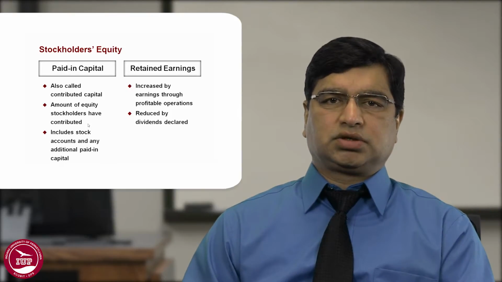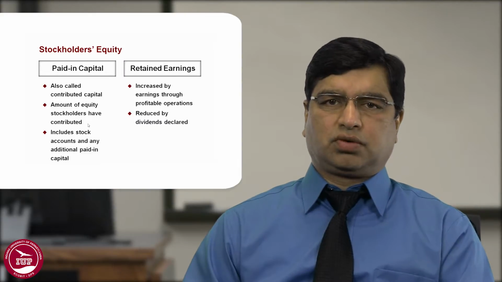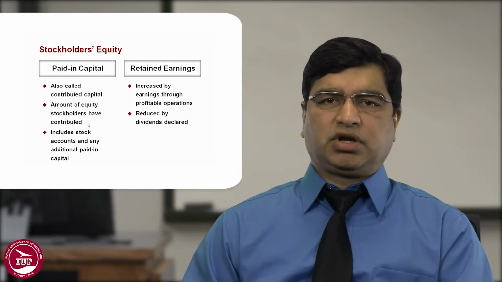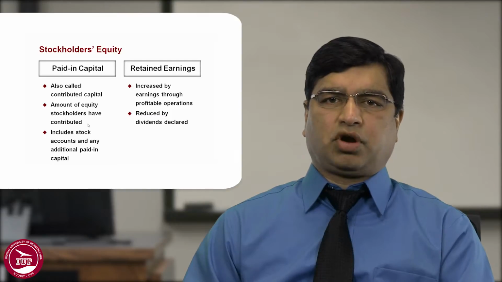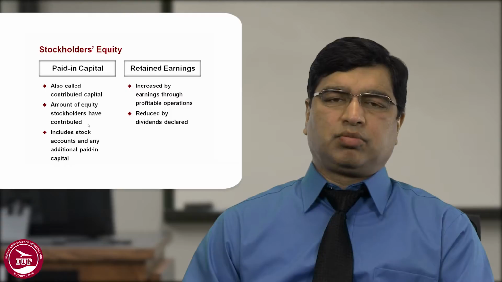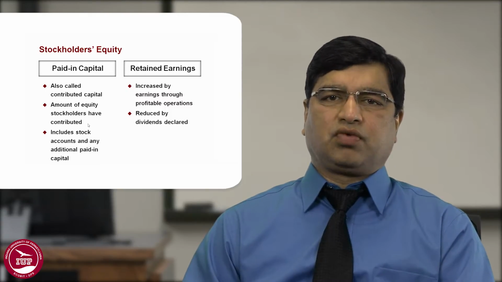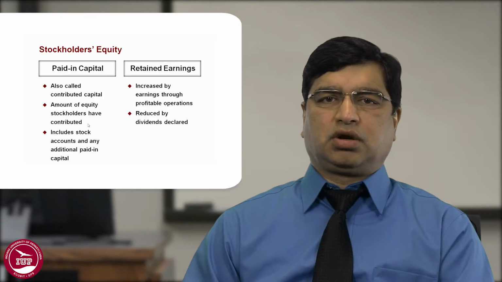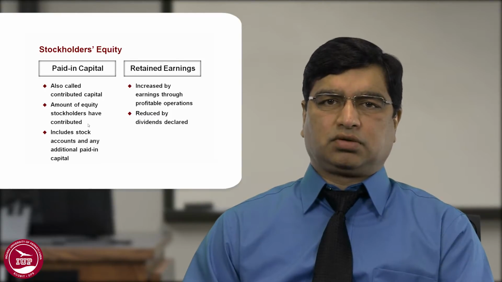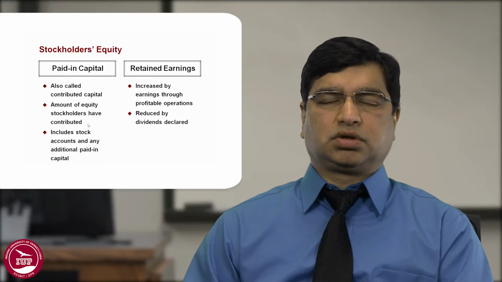Retained earnings is the cumulative earnings or losses of the company throughout its life. It increases when there are profits in the company, and it is reduced by the dividends declared. Please note that the dividend is not an expense, and once declared, it is a return of shareholders' money back to the shareholders. So it reduces the stockholders' equity.